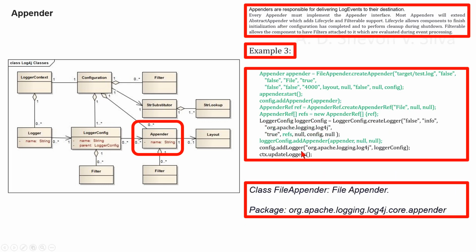Here you can see in this code segment, this is a FileAppender. This is in the package org.apache.logging.log4j.core.appender. In this code, this adds an appender and a new LoggerConfig using that appender to the current configuration.